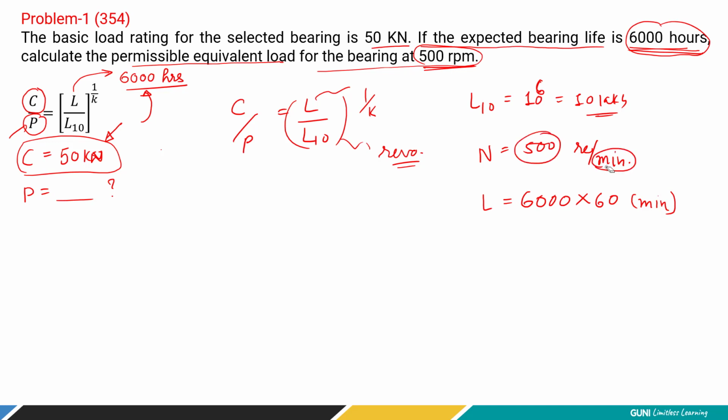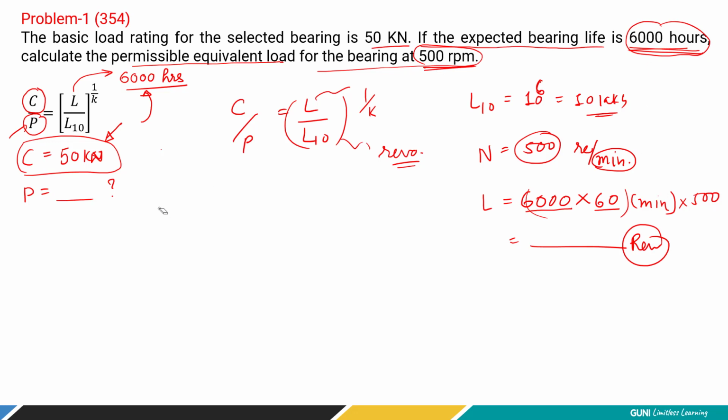So I can convert it, right? I can multiply 6,000 hours by 60 minutes, and in 1 minute it is rotating 500 times. Okay. So this multiplication will give you some answer, right? So here I'm going to keep it as it is. So these are the number of revolutions that the bearing is going to complete after rotating for 6,000 hours, right?